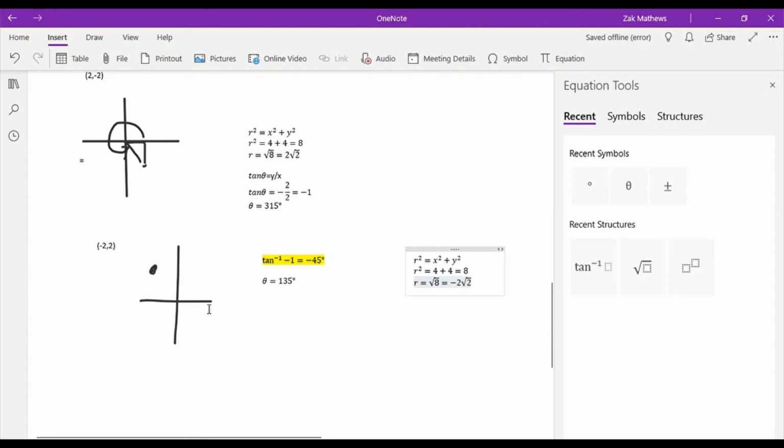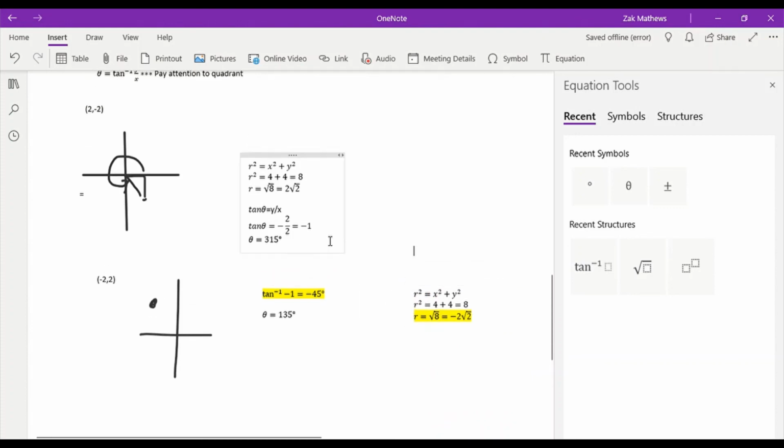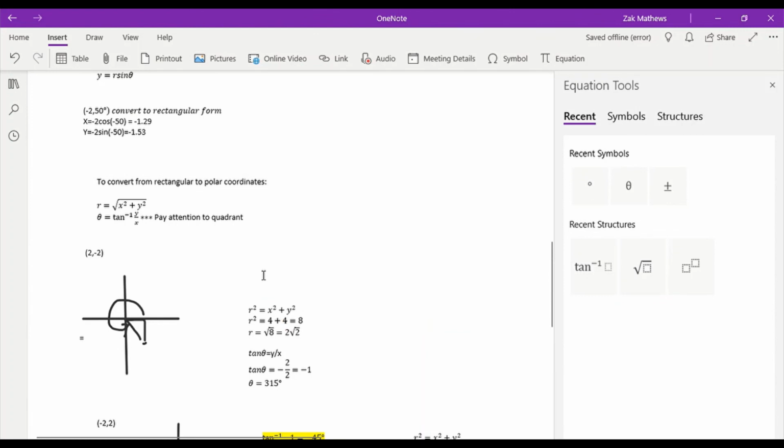If I were to go negative 45 and then backtrack along that line, 2 units, I'm going to end up in the second quadrant. So this is yet another way to get to the correct point using these two r and theta values rather than the initial one that we had found. Always important to pay attention to the quadrant so you can adjust the angle or adjust the r value.